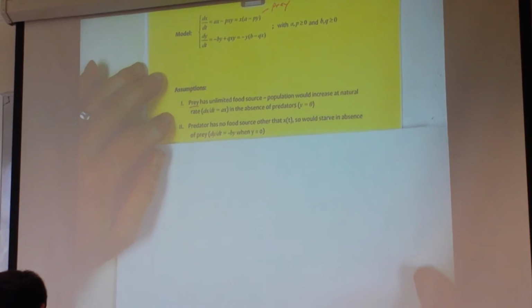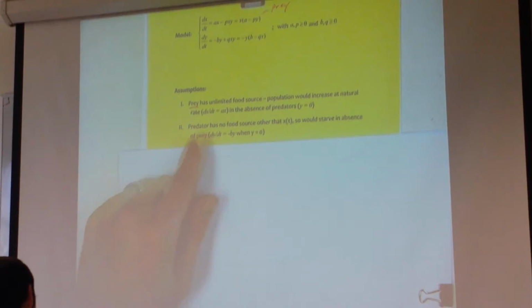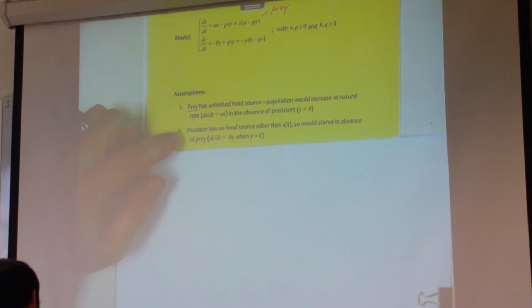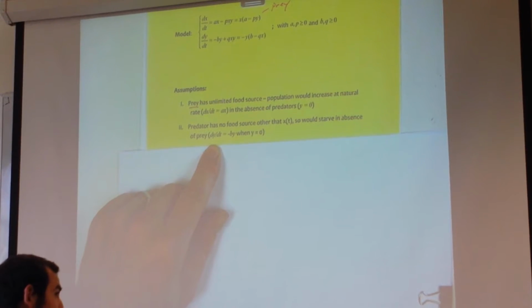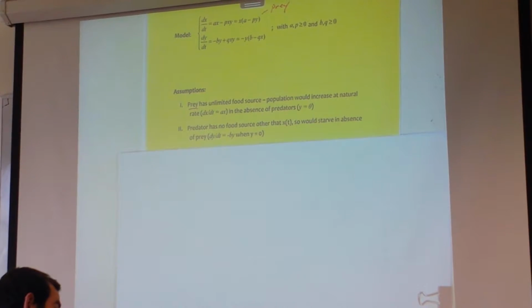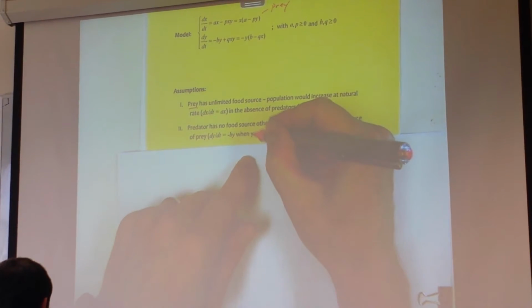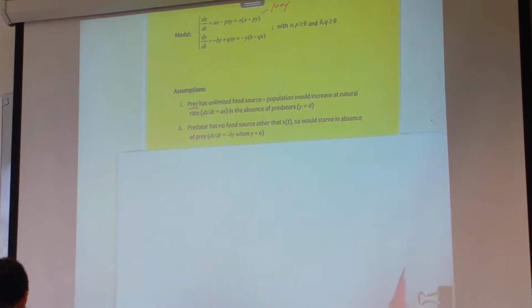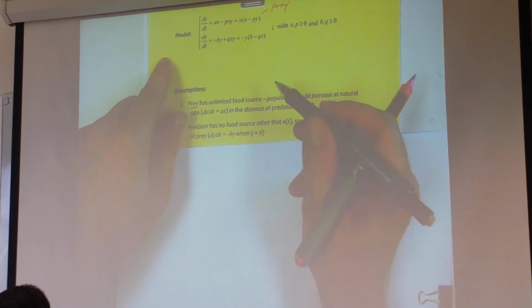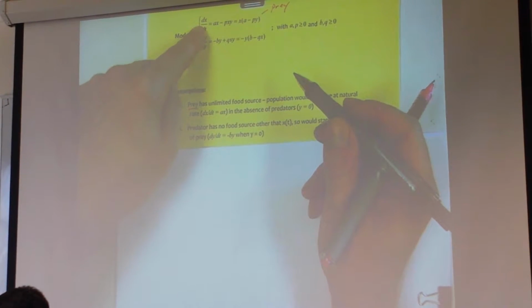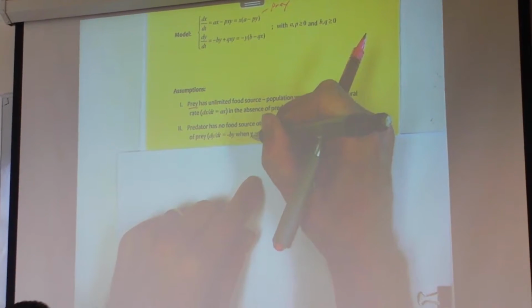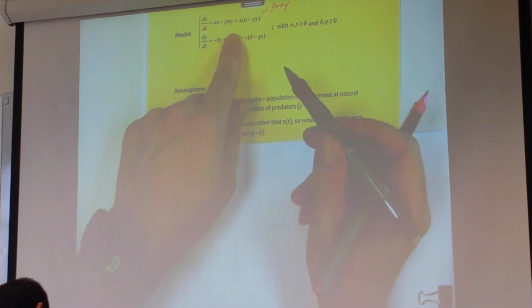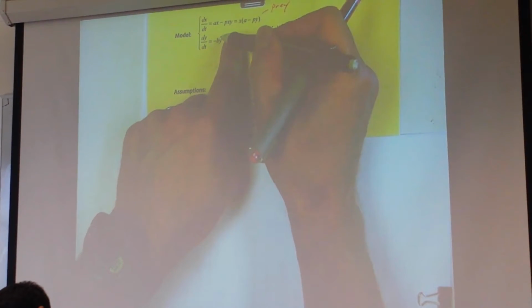Now, on the other side, the predator, this is a simple assumption, has no other food source other than the prey, and so they would starve in the absence of prey. Oh, geez, this should be when x equals 0. Change that. So it should say dy/dt when there is no prey, that's x. When x is equal to 0, look at what happens. dy/dt equals negative by.